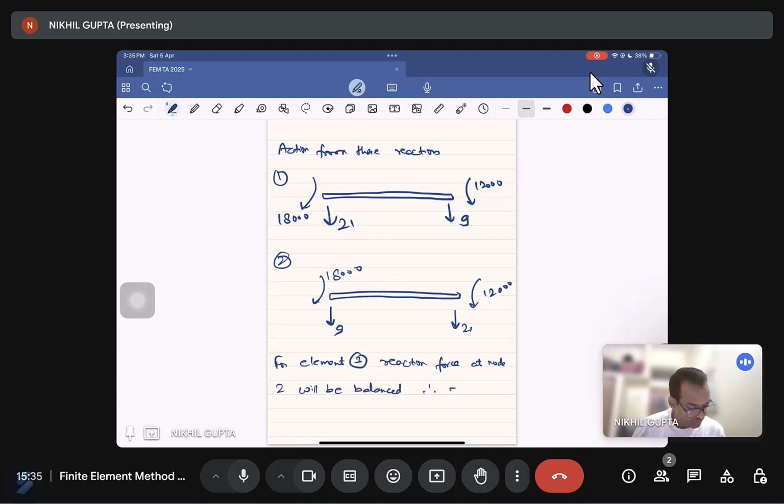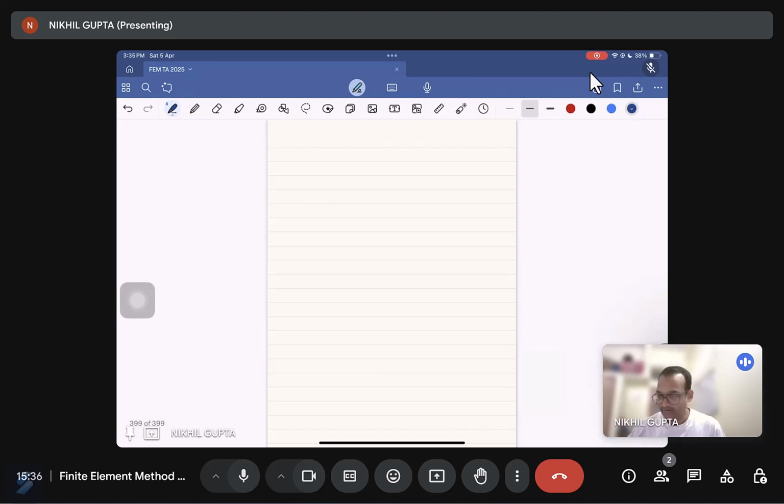Therefore it equals to 0. And at node 4, reaction will be R4. I hope you are getting all the things.